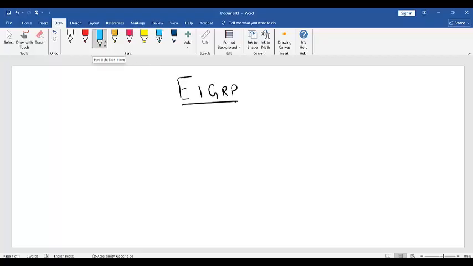Now, in EIGRP, what is the metric? The metric of EIGRP is like this. The bandwidth and the delay, these two are considered.